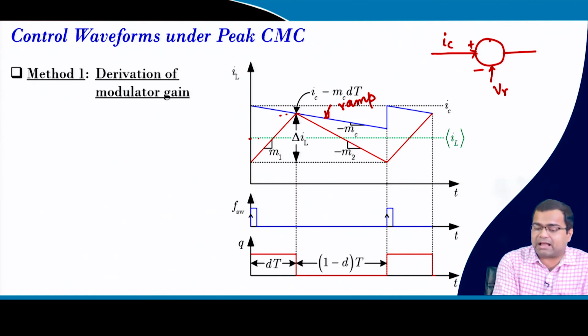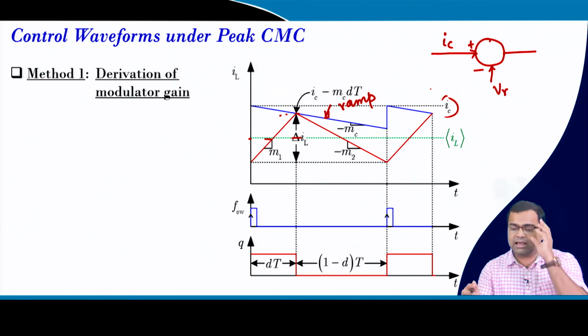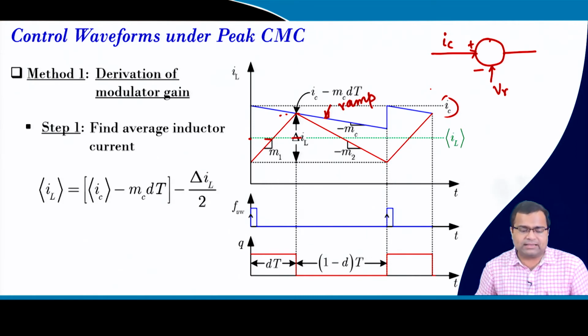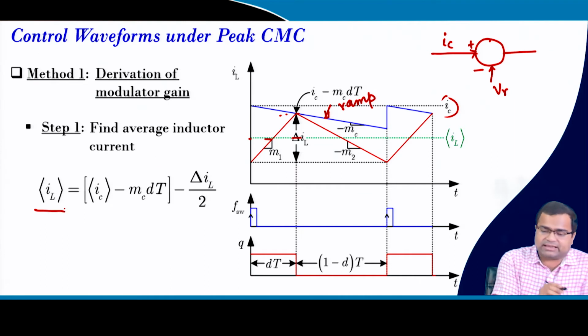and then we want to derive the average current expression in terms of this current. Earlier we took IL average equal to IC average, but now we want to introduce the duty ratio information. So, find the average current. Average current here in this case is nothing but this point minus half of the ripple, right.